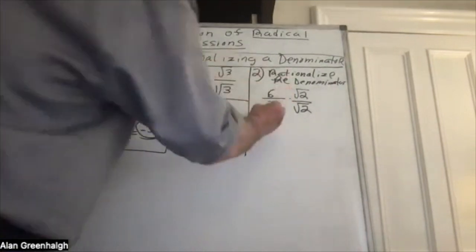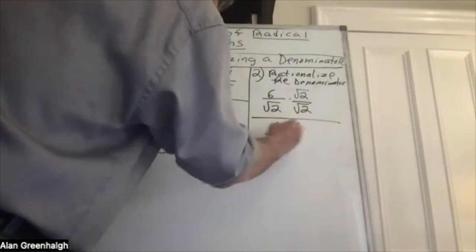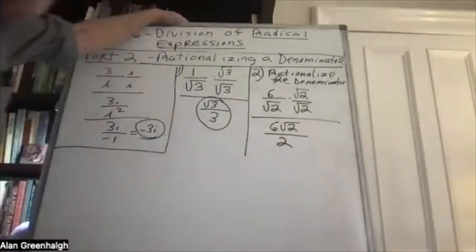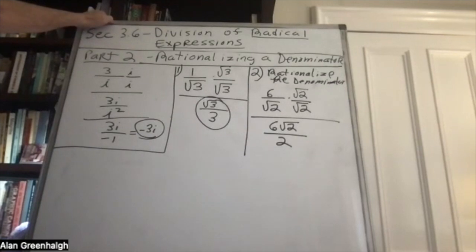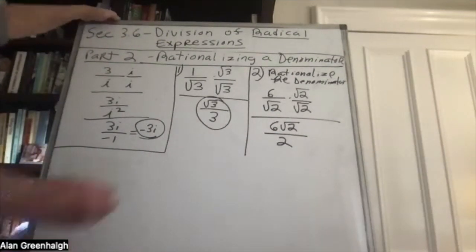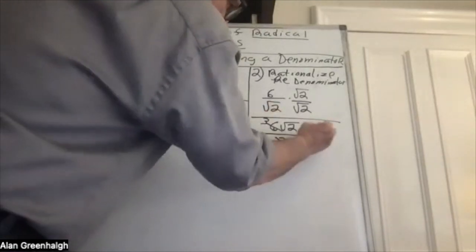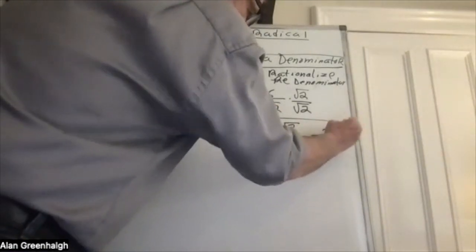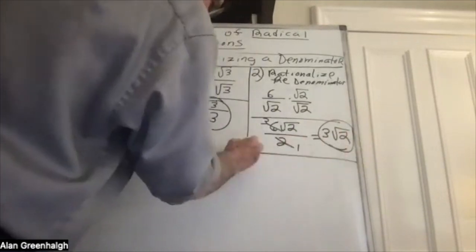And then you would have gotten 6 times the square root of 2 divided by 2. But you shouldn't have stopped there. What is the actual answer to this question? Anybody? You simplify and you get 3 times the square root of 2. Good. Very good. That's it. And that's the answer to the question.